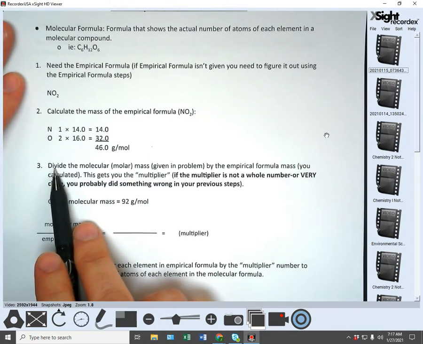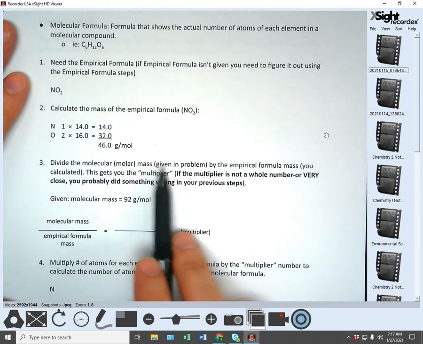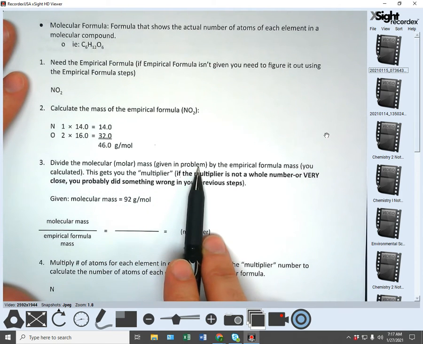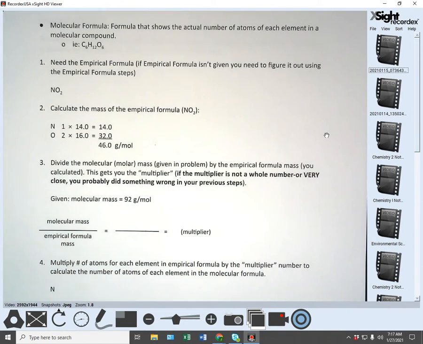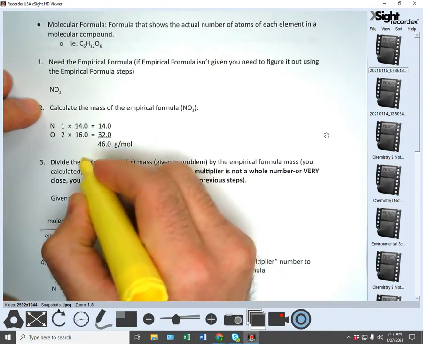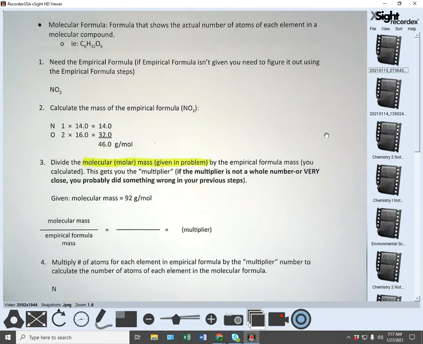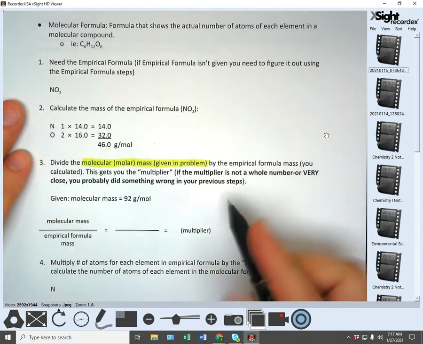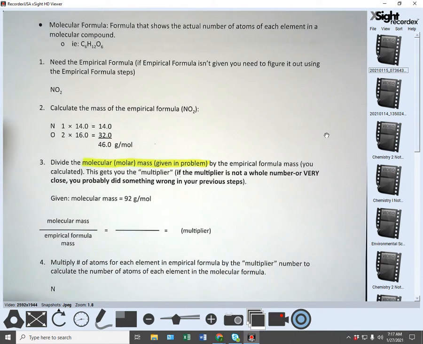Then we divide the molecular or molar mass, same thing, the one given in the problem. They have to give this to you. The molecular molar mass will be given to you in the problem. And you will divide that by the empirical formula mass, the one that you calculated.